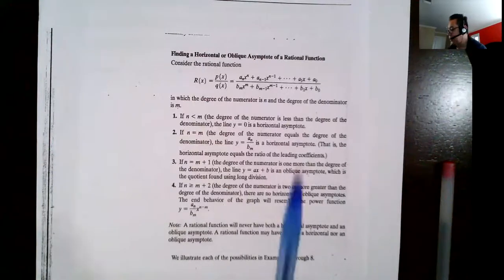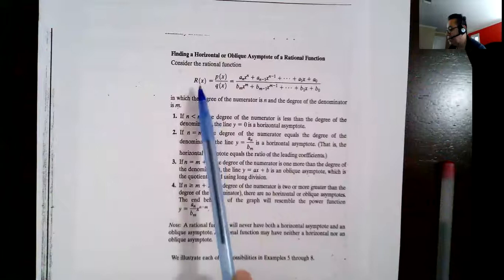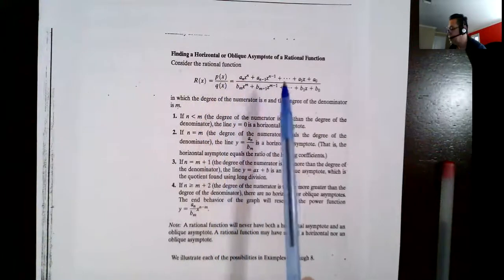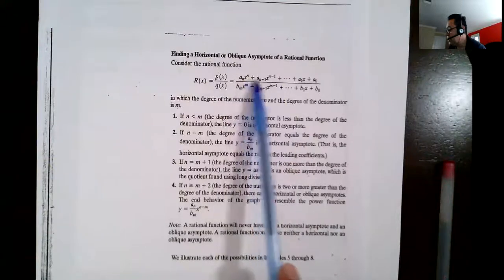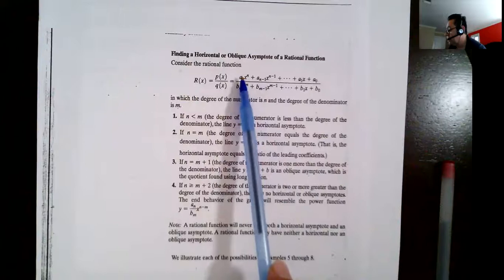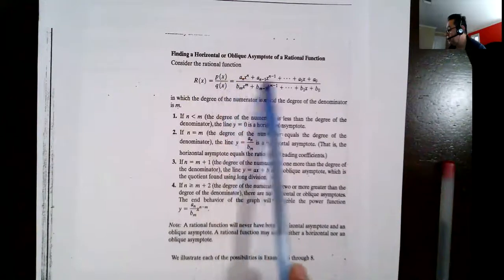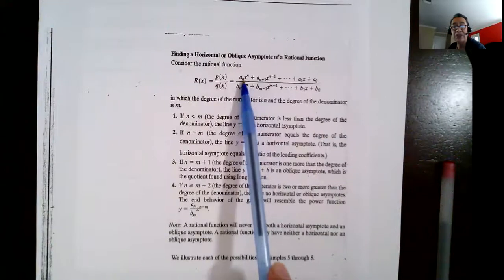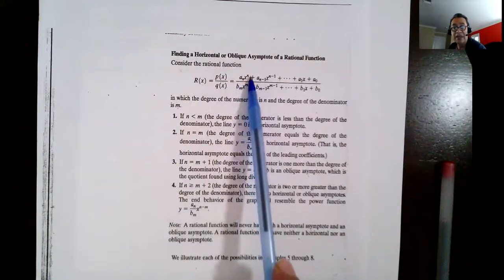Okay, notice, let's start with the rational function R of X, which is P of X over Q of X, right? You notice there is the notation of the polynomials here, P of X and Q of X. Let's concentrate on the leading terms, a sub n X to the n, that's the leading term in the numerator.